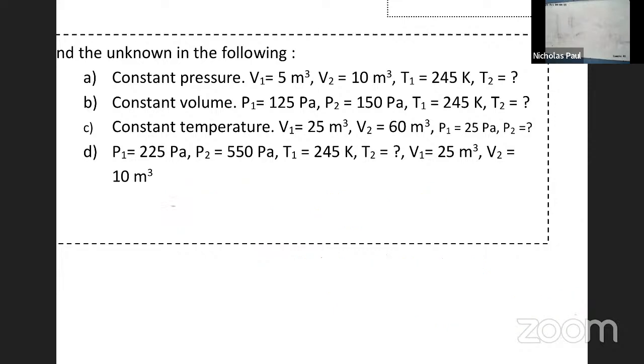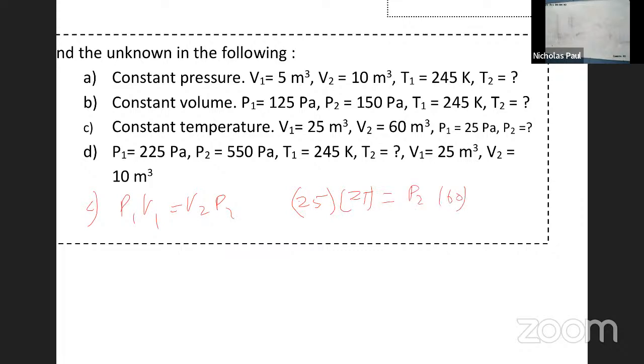Next one. What's the next law we use in here? Malachi, C is which law again? Boyle's law. So that's P1 V1 is equal to P2 V2, right? And they gave you P1 as 25, V1 as 25 as well. And they said V2 is 60.